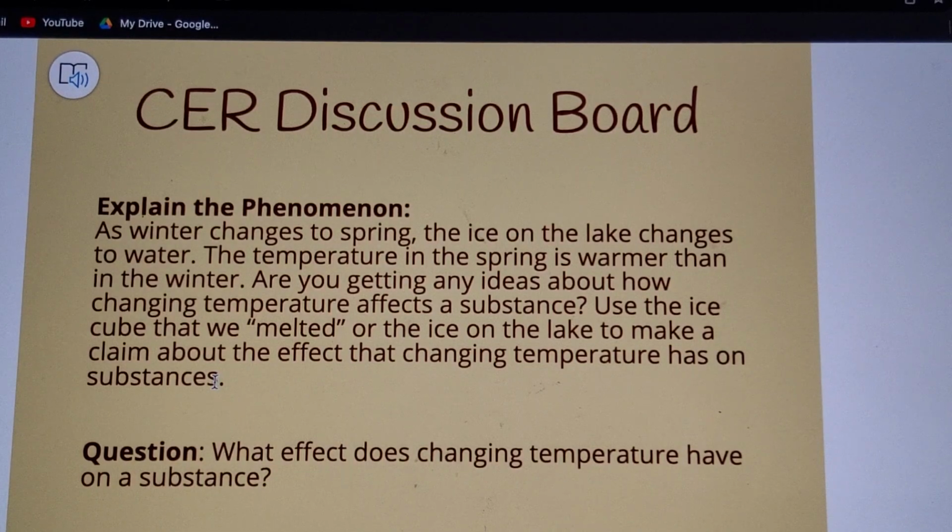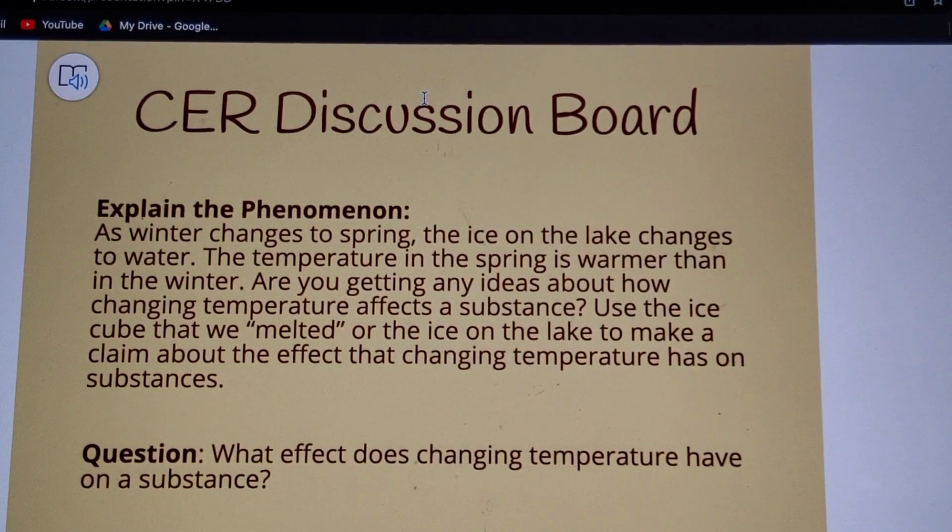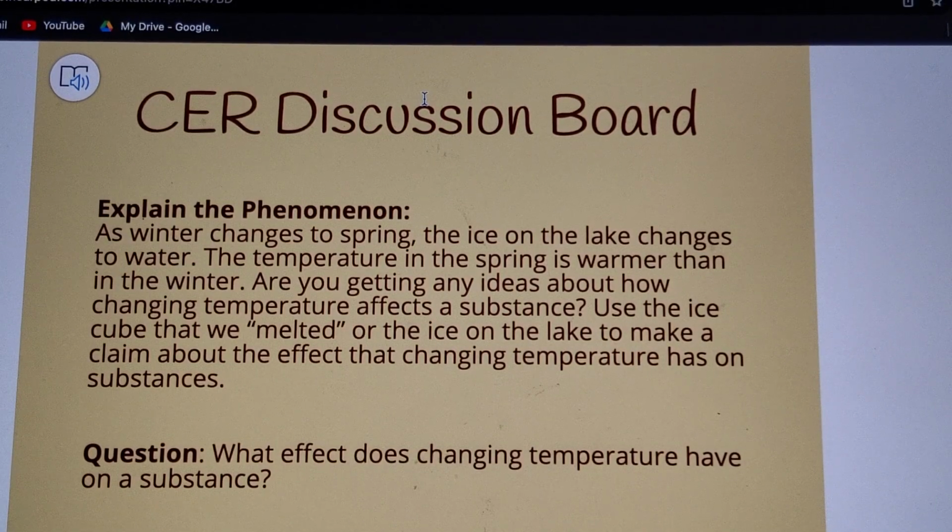All right, here we're going to read the question. What effect does changing temperature have on a substance? We just ran through the simulation, and that's what we're going to use to answer the question. We went through the particles, the little molecules, and when we add heat to them, they move faster and randomly, spaced out.